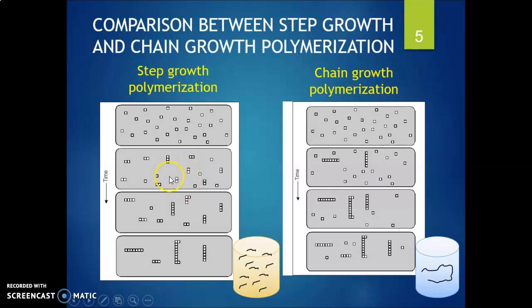So it takes several steps for the monomers to become a high polymer, a large molecule. If we look at this chain growth polymerization, even at this stage, they managed to get a high polymer chain.